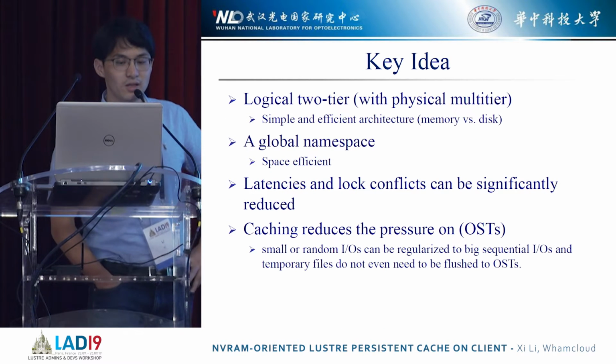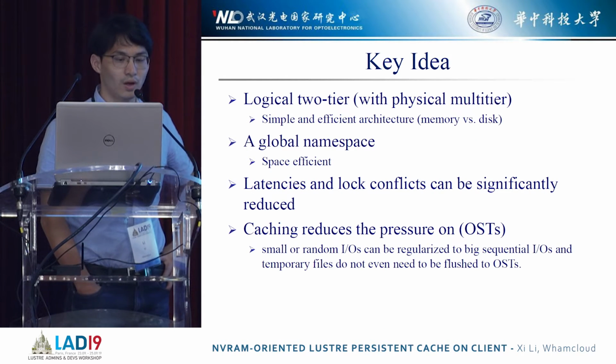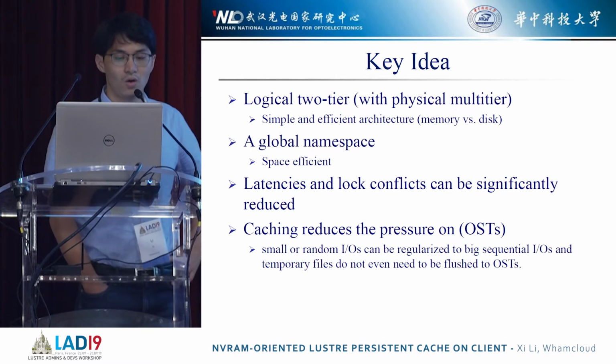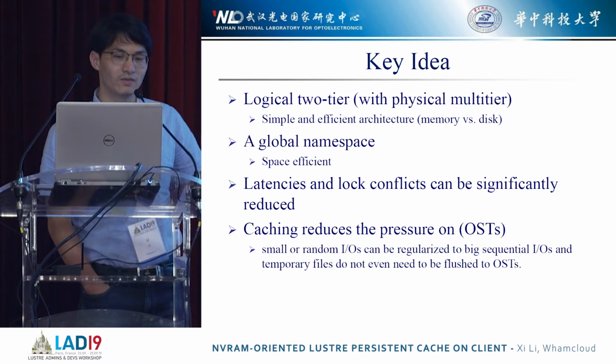So the major idea is we want to build another tier in the compute nodes, and we call that PCC. And that storage is usually based on quick storage like NVMe, NVRAM, or SSD. But at the same time, we want to make sure that the interface is simple.